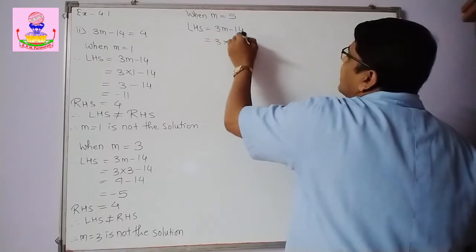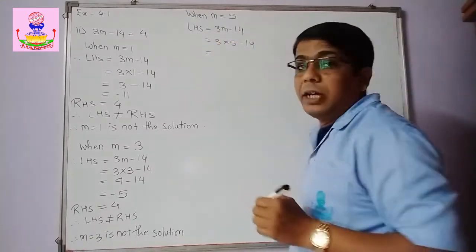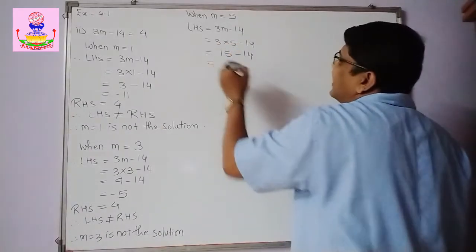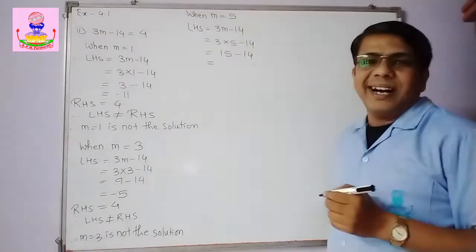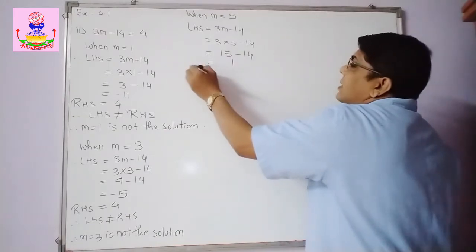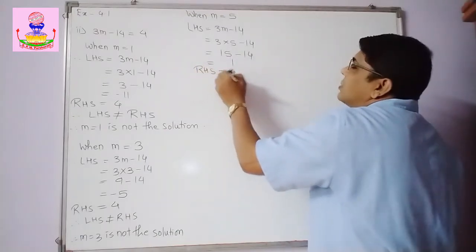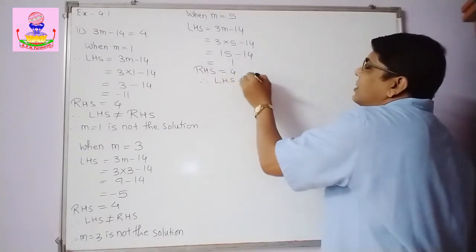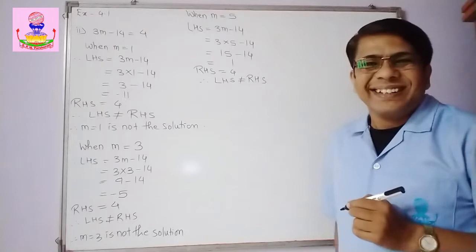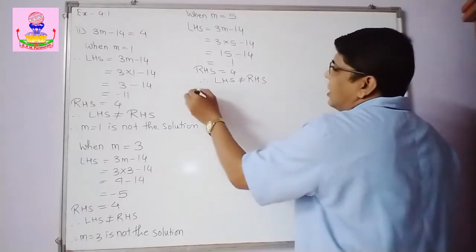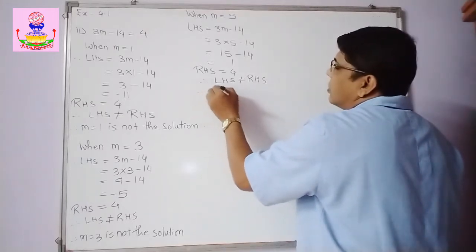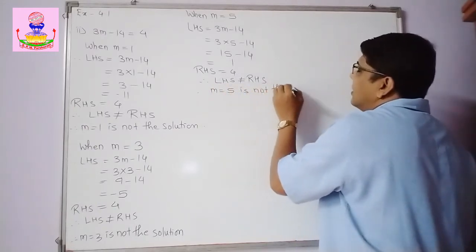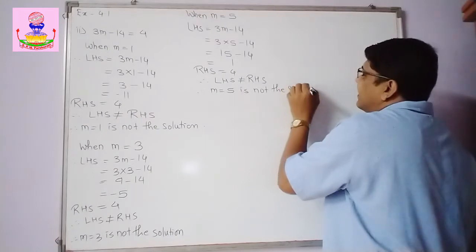So 3 into 5 minus 14. 5 threes are 15, and 15 minus 14, how much is it? 1. But RHS, how much is it? 4. So what can we say? LHS is not equal to RHS. So from that I can say, therefore, m is equal to 5 is not the solution.